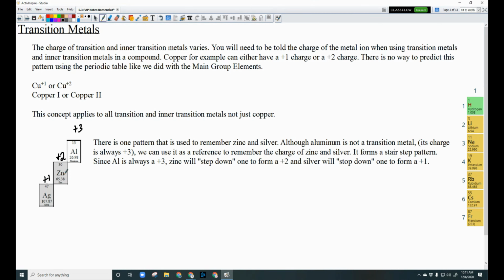So zinc is always a +2, and silver is always a +1. I say always, it's not 100% of the time, but 99.9% of the time. There are, I think, one or two exceptions, but you'll be told those exceptions. So again, use aluminum as an anchor. Aluminum is +3, step down to +2, step down to +1. That helps you remember that little pattern for silver and zinc.